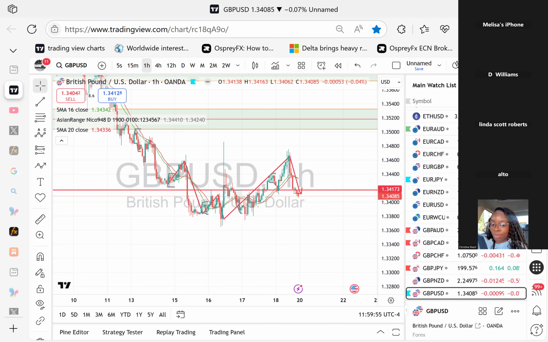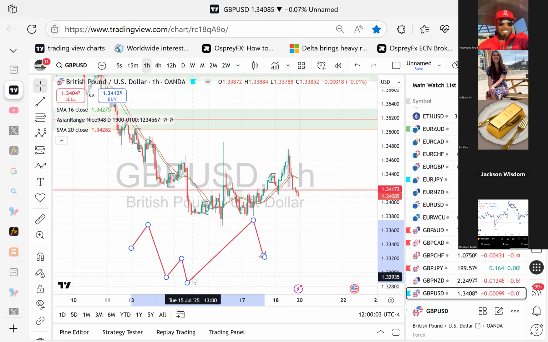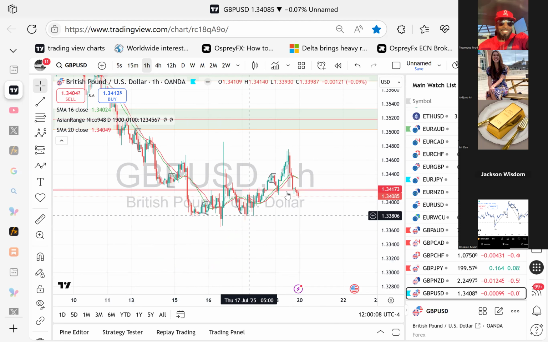Many times we're going to get in trades, maybe out of boredom or maybe because we think we see something. But you have to make sure that you absolutely understand what you're seeing. And if you can't label it, then don't trade it. Because at the end of the day, trading costs money, and the mistakes you make cost you money.